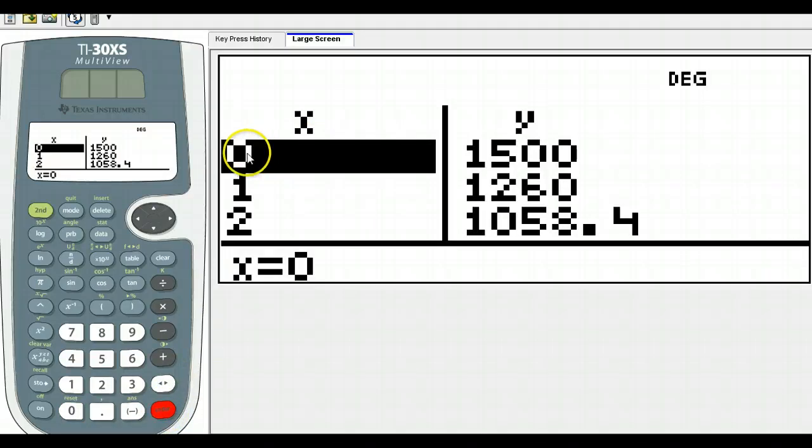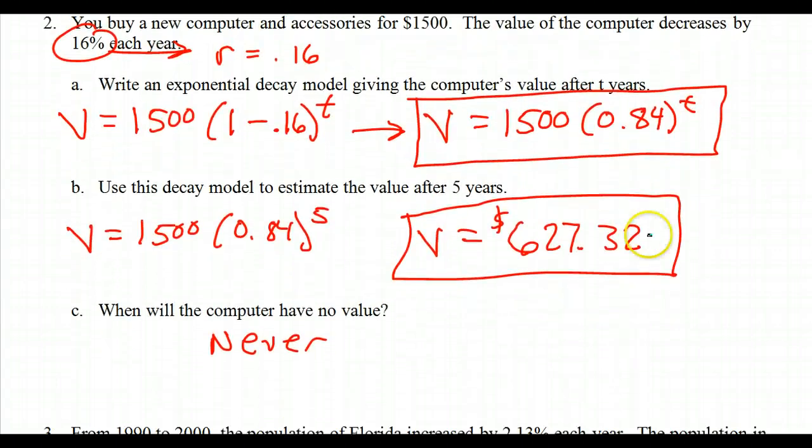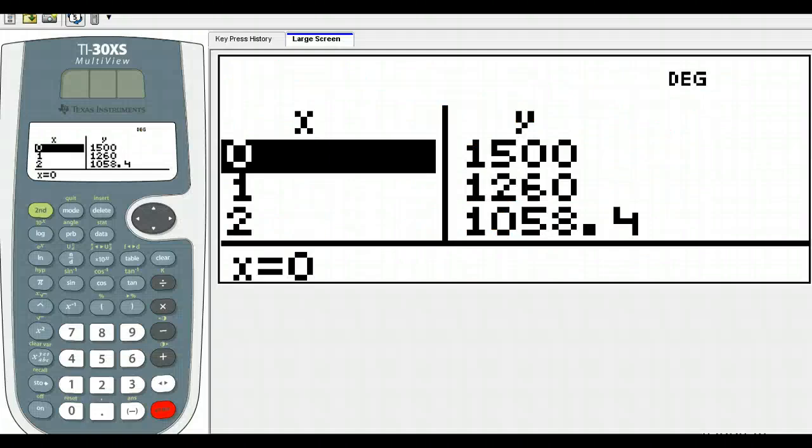So year 0 represents right here at the beginning the initial value, the beginning value of $1,500. This table is reflecting the value of the computer and accessories after each year.